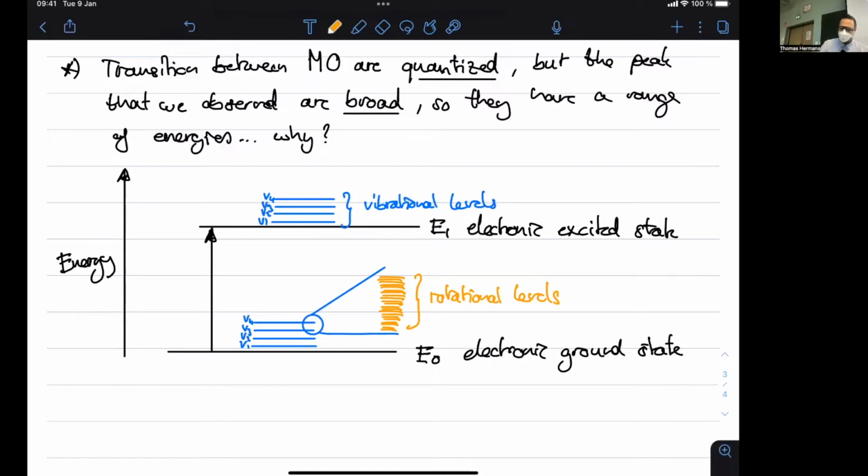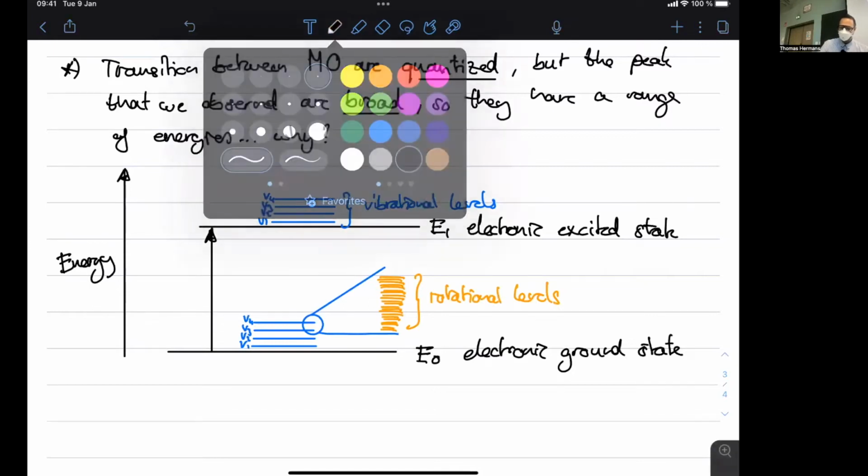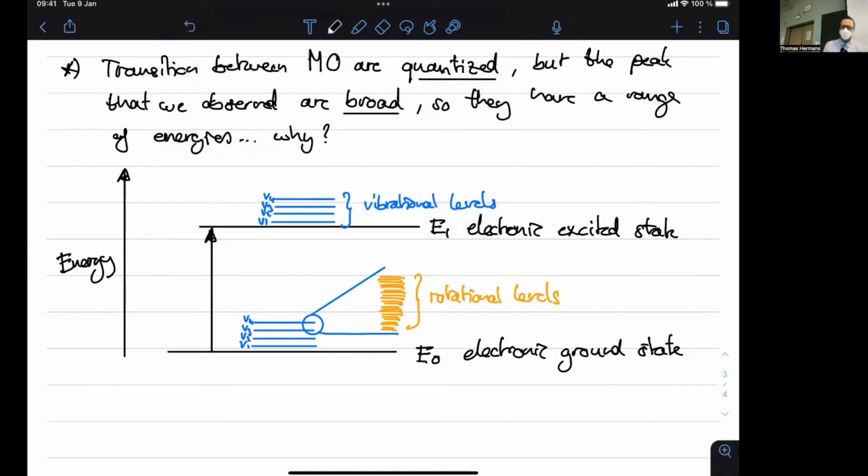Okay, so now if you are looking in the real experiment, what are we really exciting? We are not only exciting from the electronic ground state, we're not only doing this transition, right?